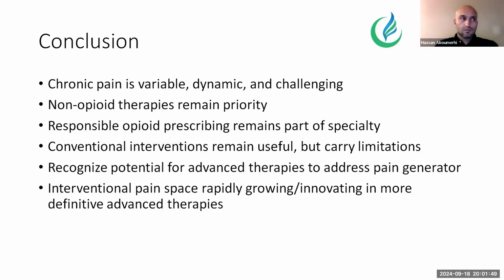Steroid injections rarely last more than 3 to 4 months at a time, and oftentimes, with repeat injections, they may become less and less effective. Some patients, if getting a couple shots a year is working for them, that's fantastic. But when those shots become less effective, or if they're really looking for something more durable and definitive, that's where these other therapies come into play.